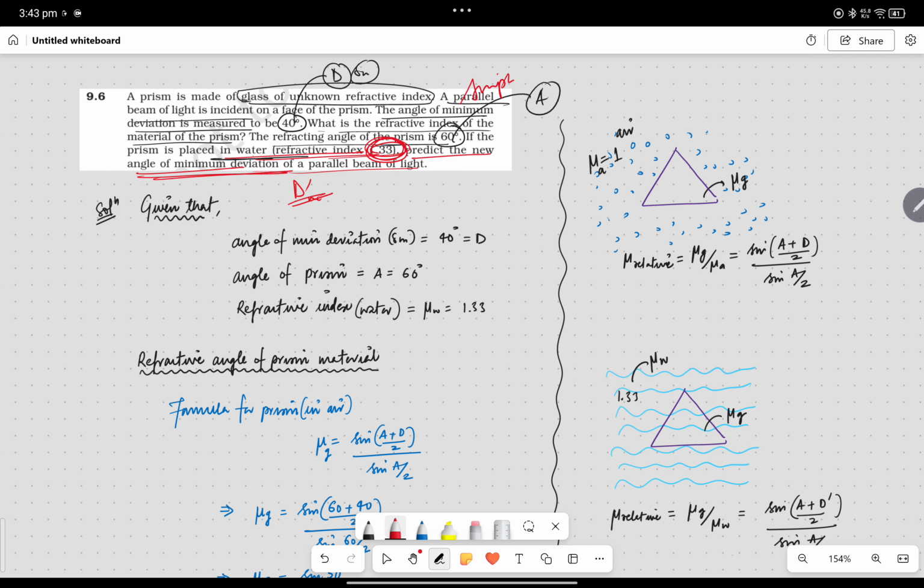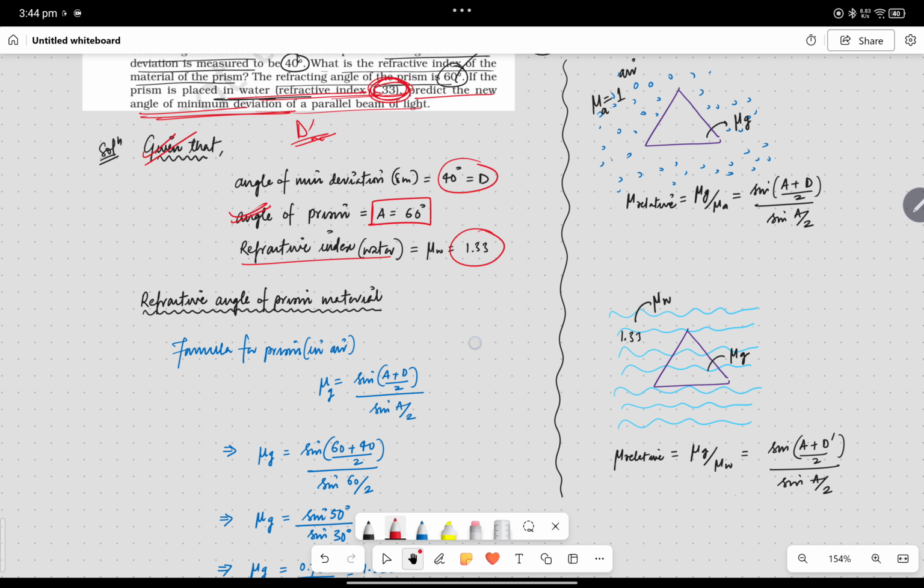So let's start with the given, which you should always write. Given that, first of all, you have to write in the exam: the minimum angle of deviation is given for the first case in the air-prism system. Then the refracting angle of the prism is A equal to 60 degrees, and that is always going to be constant, and the refractive index of water is given as 1.33, right?